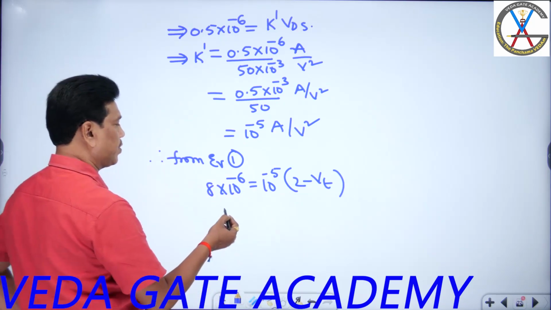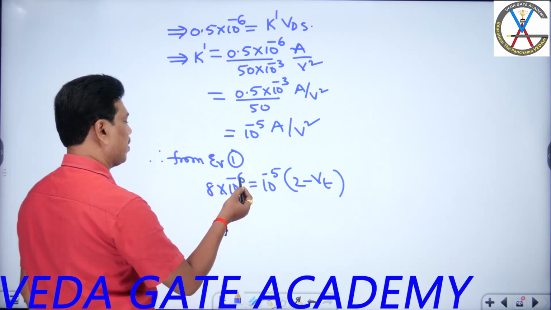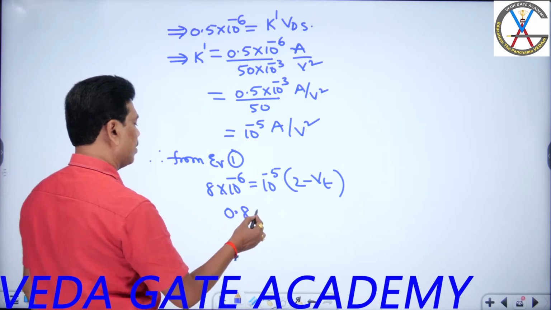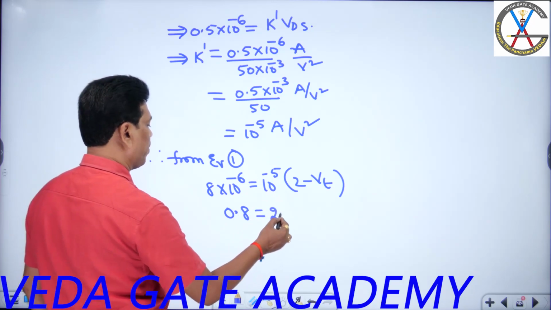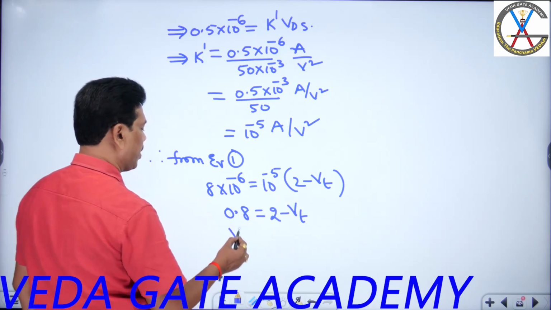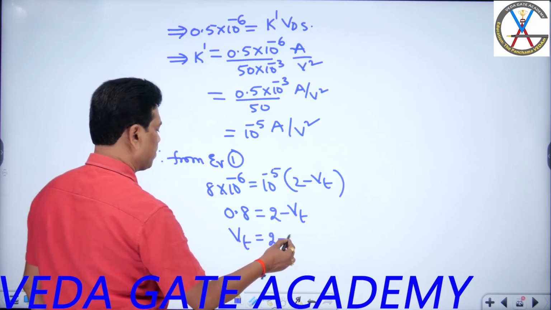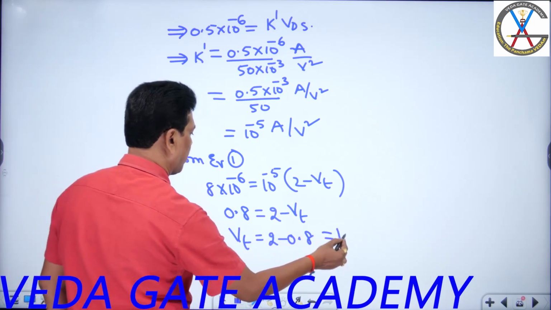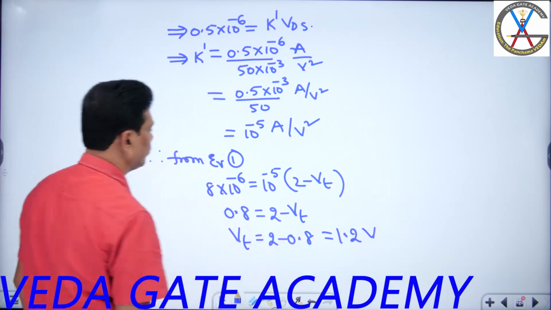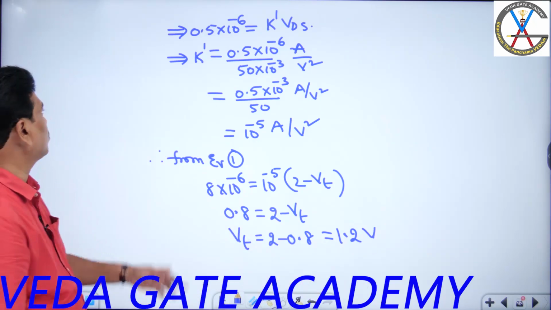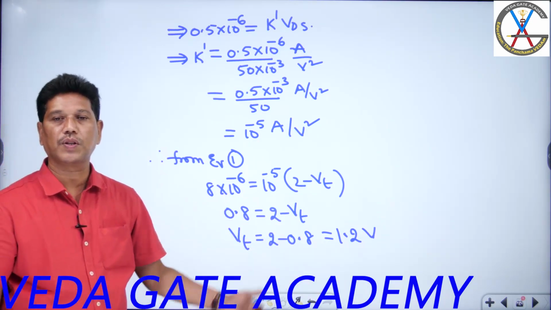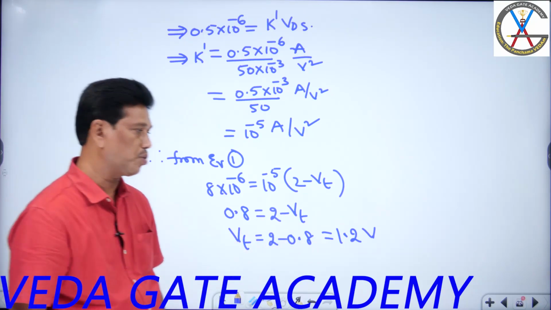Taking 10 power minus 5 to this side as a divide, that is 0.8. So 0.8 equals 2 minus VT, VT equals 2 minus 0.8, which becomes 1.2 volt. So the threshold voltage VT equals 1.2 volt. This is that value. Now I can go for the next one.